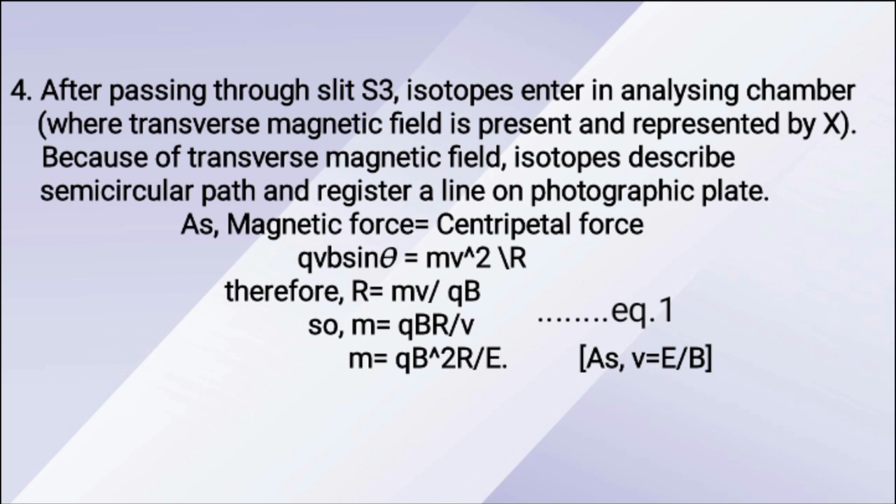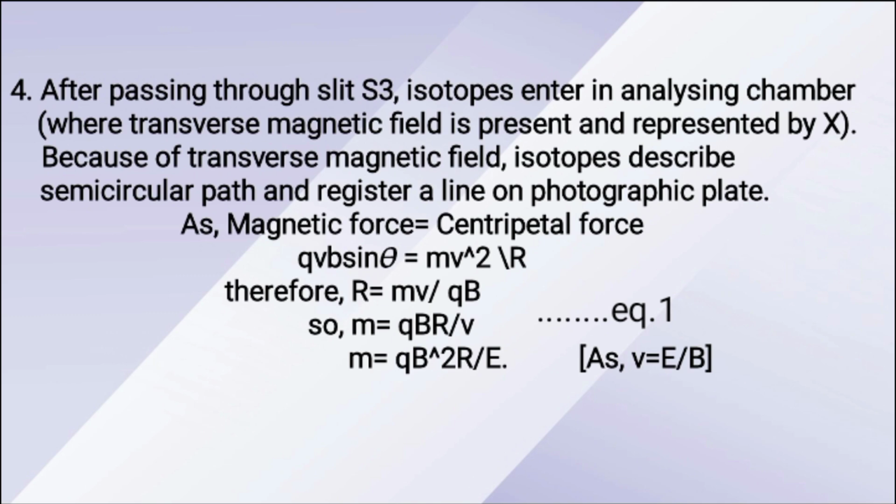As magnetic force equals centripetal force, we can say that qvB sin theta equals mv square by r, where q is the charge of the particle, v is the velocity of the particle, m is the mass of the particle, and r is the radius of the semicircular path.